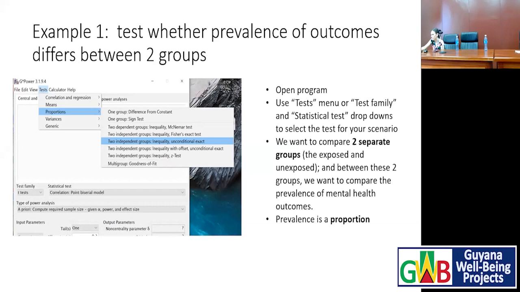We have two separate groups, so that's the two independent groups here, and prevalence is a proportion. We're comparing proportions between the groups. So we selected proportion, and then we selected two independent groups. They're independent because they're separate. We didn't match them. There was nothing in the information that we matched the exposed to the unexposed. Some people just happen to be exposed and others unexposed, so they're considered independent.